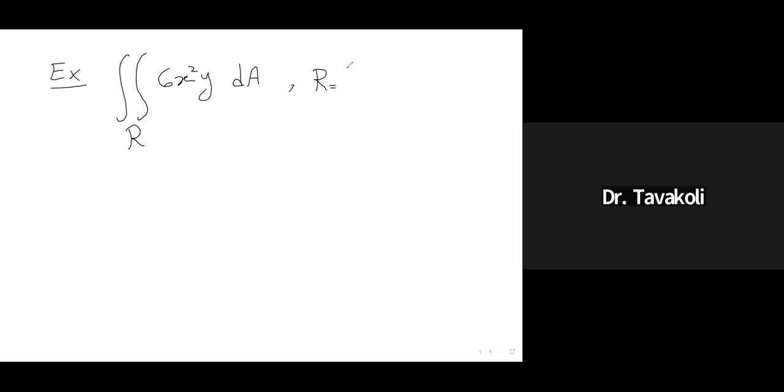R is the region of xy such that x is from 1 to 2, and y is from 0 to 3. This rectangular region. Over this rectangular region, I want to find the integral.